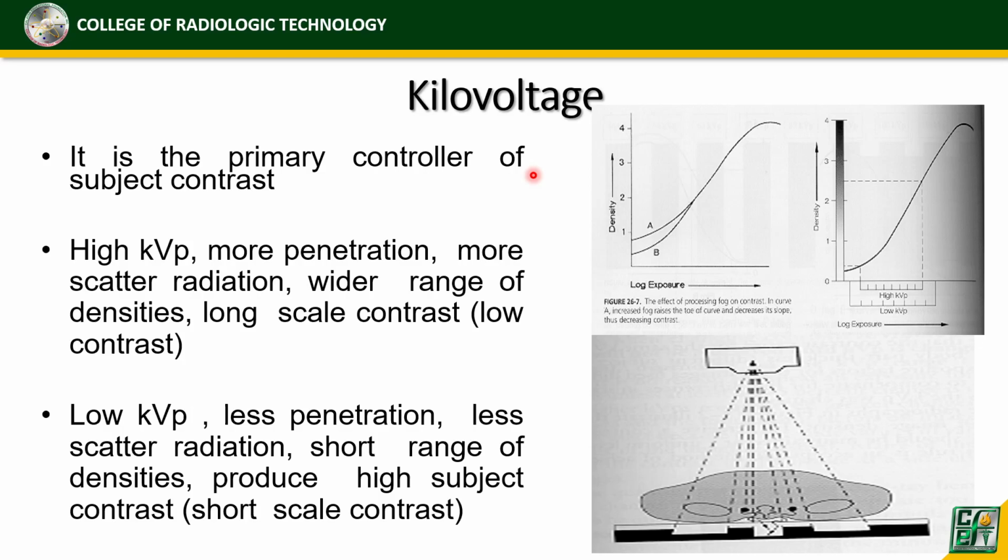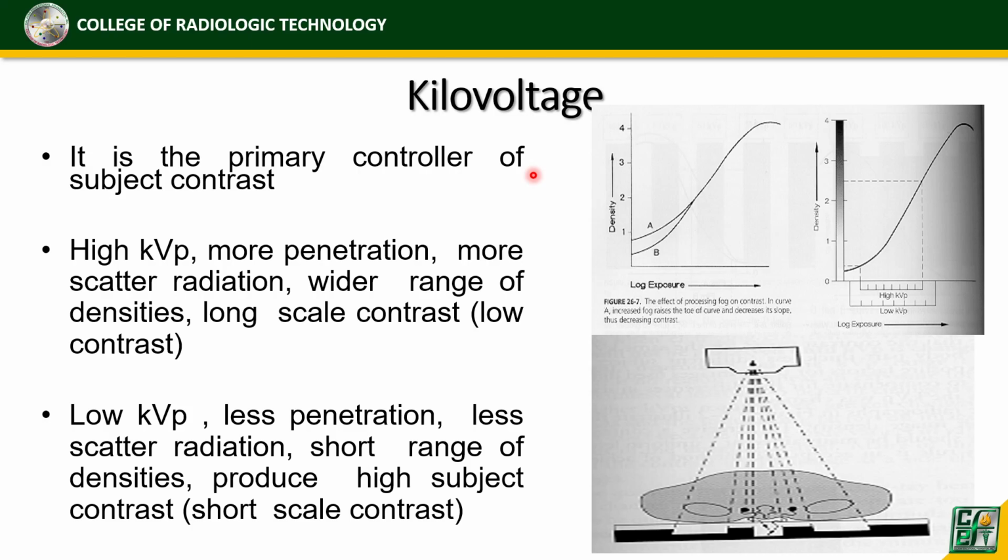So kilovoltage. Okay, because primarily it is the controller of subject contrast. So high KVP, more penetration, more scatter radiation, wider range of densities, long scale contrast, low contrast. Okay? So inuulit lang natin dito yung short scale, long scale. Okay?